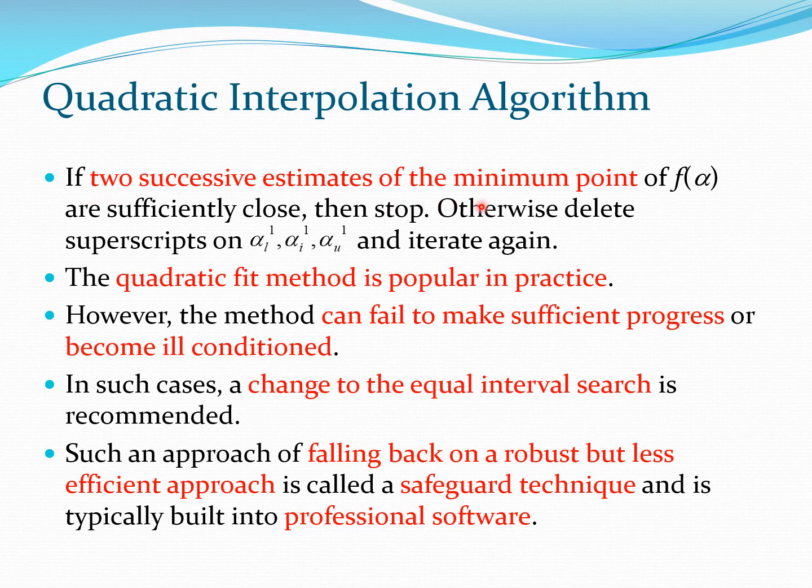If you have done this two successive times and the minimum point alpha star has been obtained, and remember that alpha star is going to be the midpoint of the newest alpha L and alpha U, and these points are sufficiently close for f of alpha, then you can stop this method. Or you delete the superscripts which we have put here and continue further.